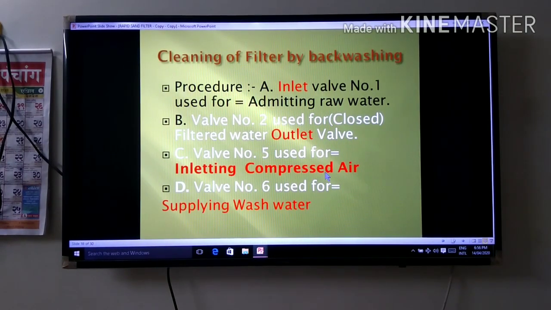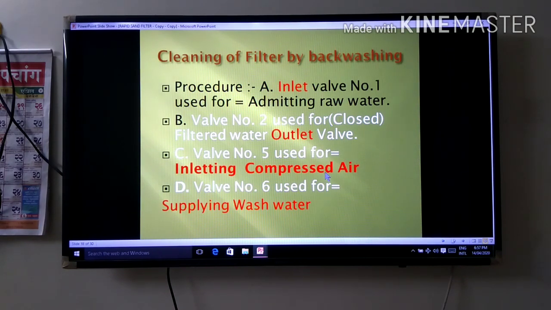See, cleaning of filter by backwashing, the procedure is: first step A, inlet valve number 1, which is used for admitting raw water. B, that is valve number 2. Valve number 2 is used for the filtered water outlet.